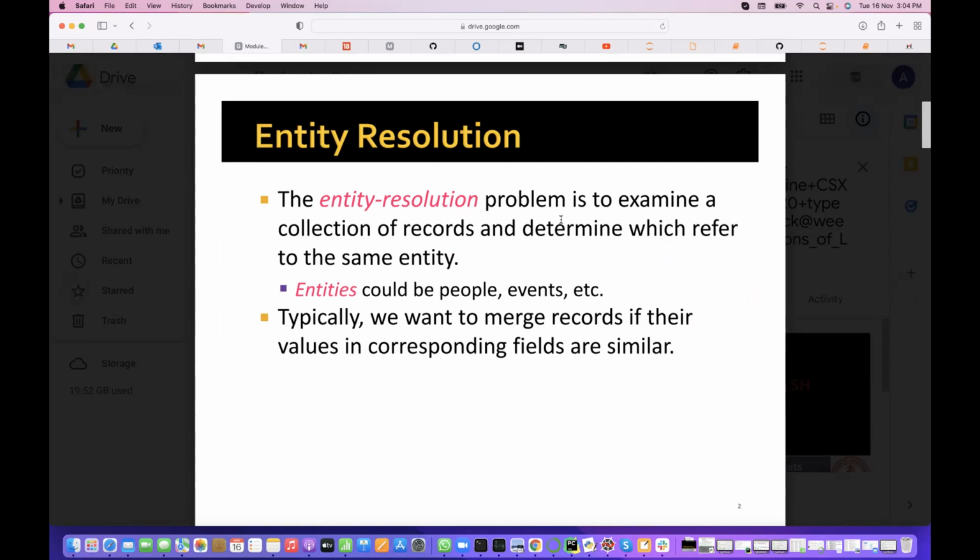So if somebody stores the MSIT students database, suppose it has started 20 years back, then MSIT office may have 20 years of database, but different people might have taken to build that database.